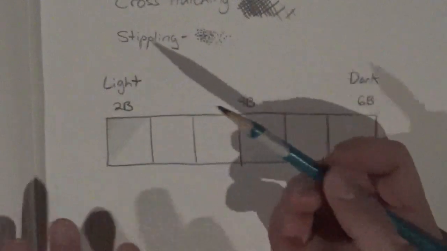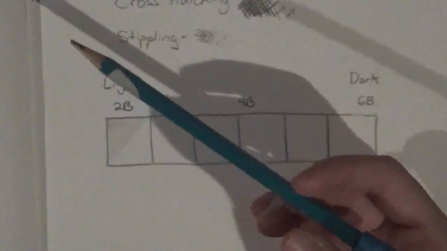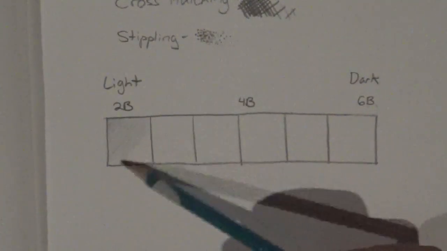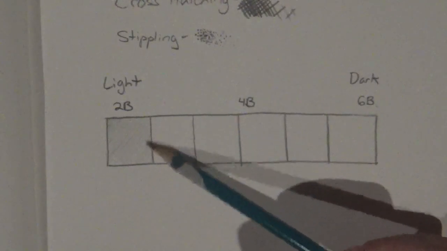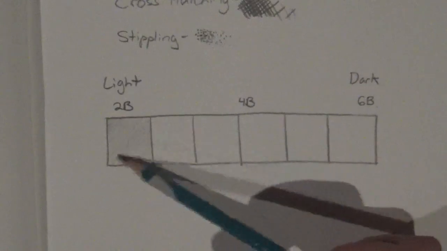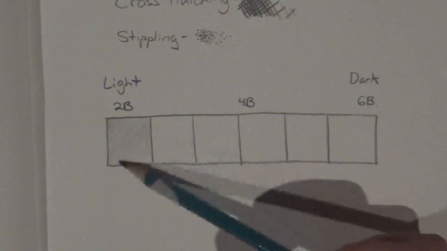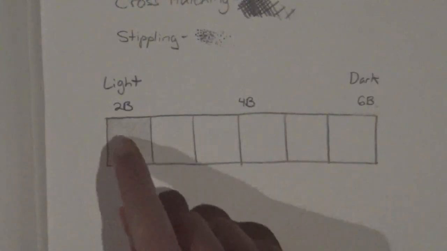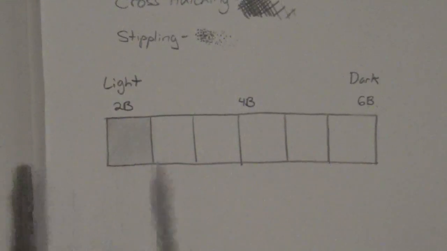If you're having problems shading lightly, a tip to use is to hold the pencil towards the back of the pencil because it lightens up your grip and it's really hard to shade really dark when your grip is all the way at the back of the pencil. Okay? Cool. And then you can blend it a little bit with your finger.